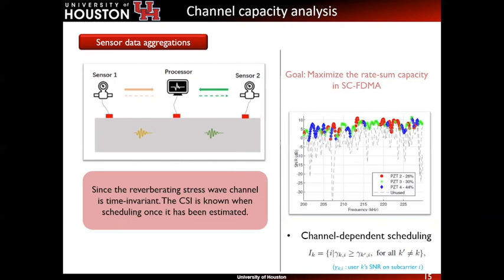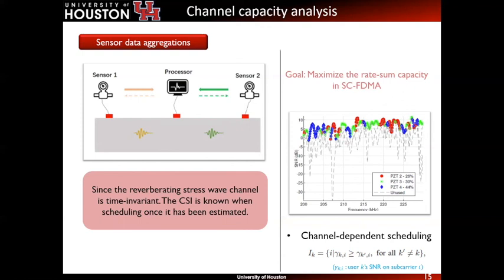At each subcarrier, the SNR of all the users are compared, and the user with the biggest signal-to-noise ratio will have this subchannel. The scheduling process is illustrated in the right figure, where the different colors represent 3 users. Subcarriers are assigned to the user whose channel response is the largest.